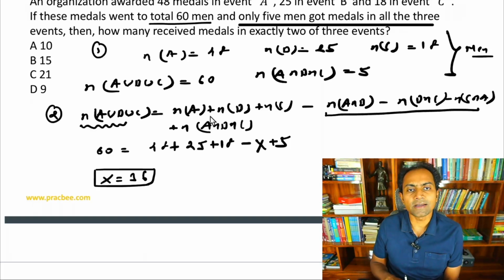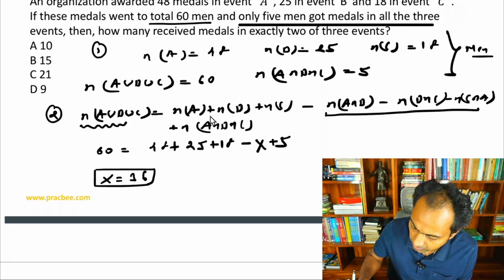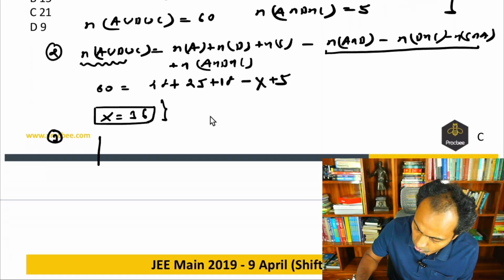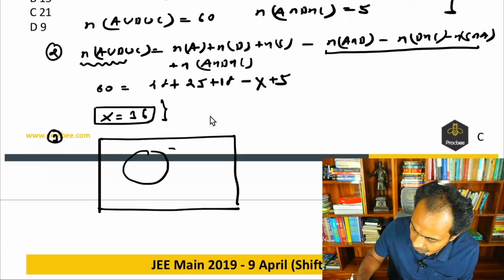So you can see that 36 people were awarded exactly in these both in 2 categories. But now in this there are also people who got medals in all the 3 categories. So let me show you in the form of a Venn diagram what is happening. So if I draw a Venn diagram, you can clearly see that there will be people.